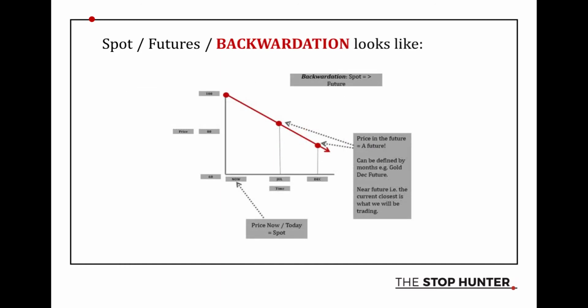Now the flip side to that is backwardation. Look where the spot price is relative to the futures price going forwards. We can see the spot price today is 100, and in half a year's time it's down in the 50 area, and because the spot price is greater than the future price, it is called a backwardated market.